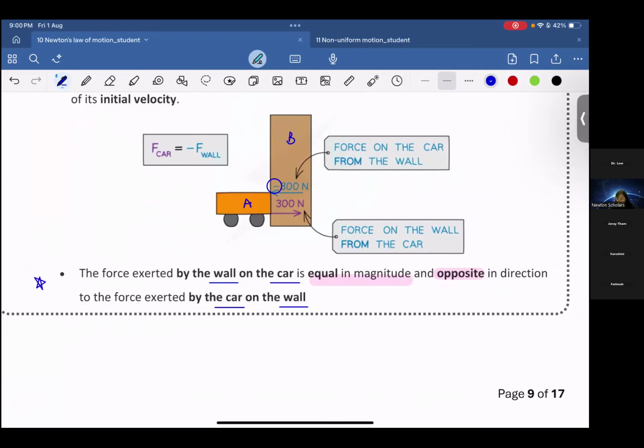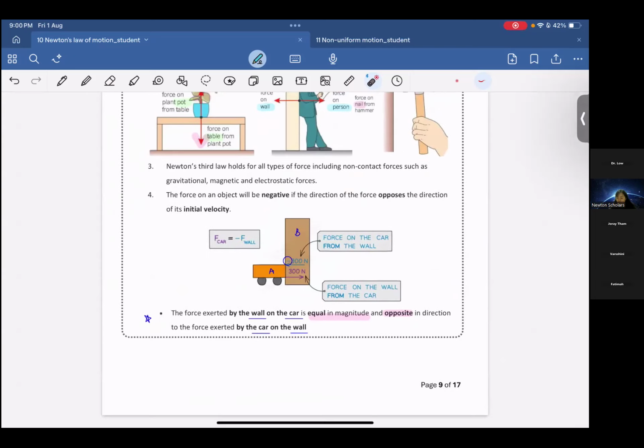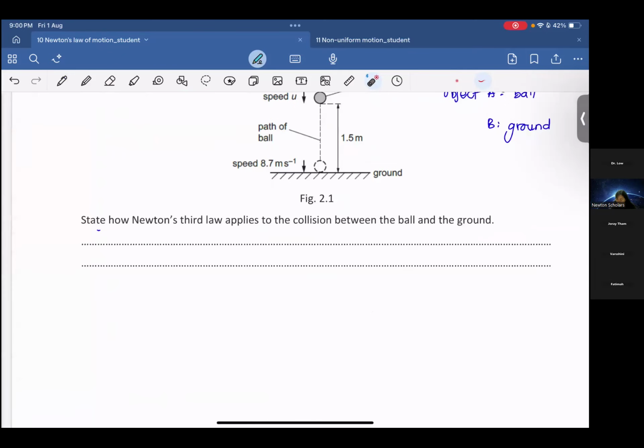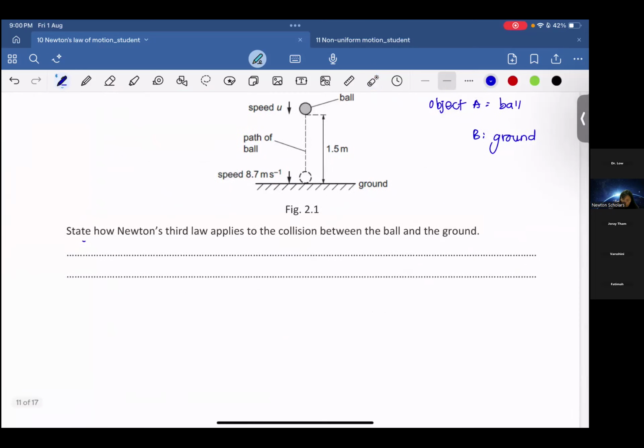We copy this sentence, but here we change the four words: by the ball on the ground, by the ground on the ball. You get my point? That's why I asked you to make some stars. Take note, this sentence is important.